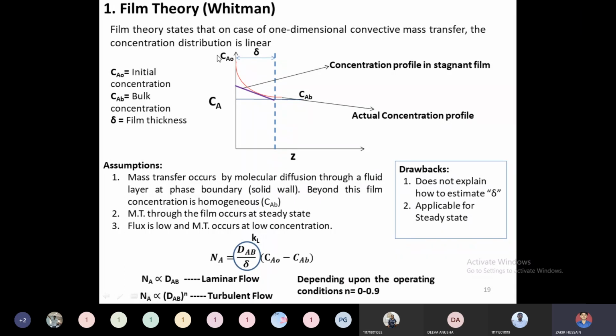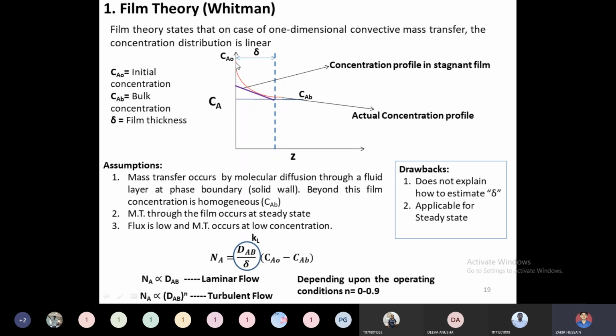The initial concentration of some molecule A, which we may consider as NH3, will be Ca0. It will undergo a concentration change as we move throughout the film. He says that mass transfer will take place only within this film, and after this film, no mass transfer will take place.